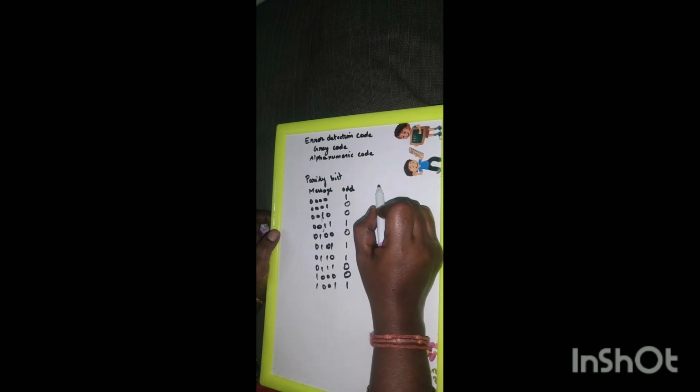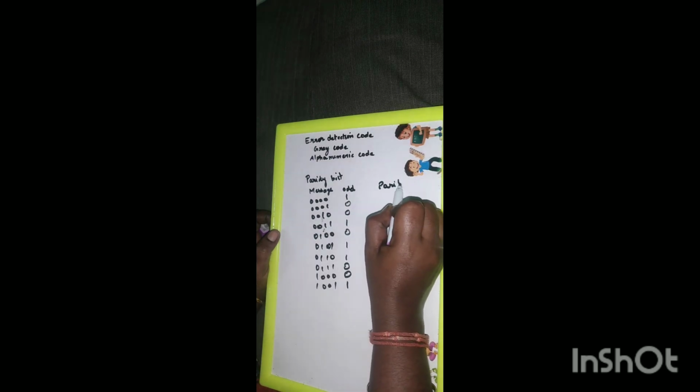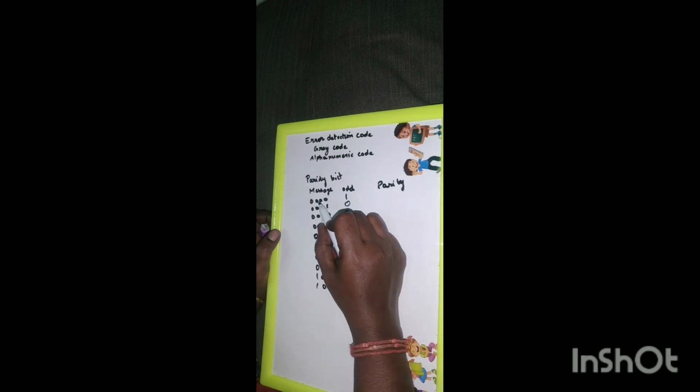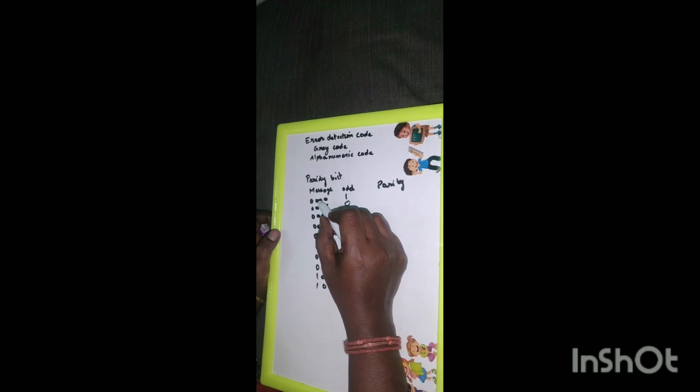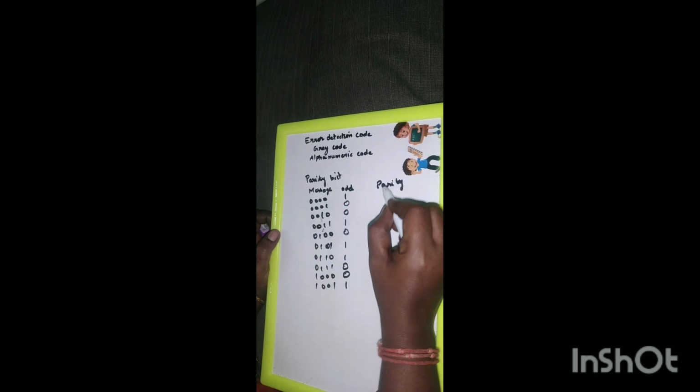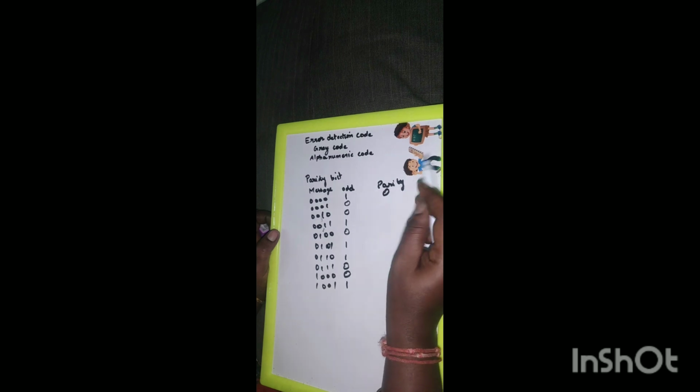Okay, now the even parity bit. Here there is no 1. If I put 1, it will make an odd number of ones, so I put 0 for even parity.